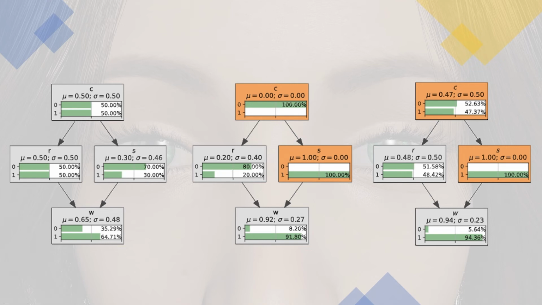A very useful information that we can get from the nodes is the uncertainty that we have about the nodes. This is called entropy. Entropy is a measure of uncertainty, and it will be zero when we are absolutely certain about something.